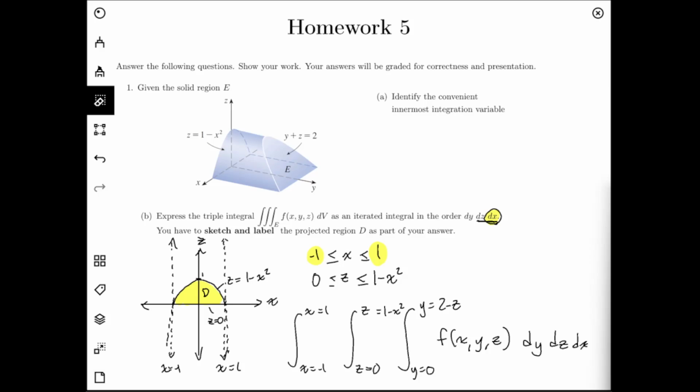So if we were to look at the xy plane, that's this plane right here. What does our projection look like on that plane? First response would be something like that. Okay, well, we could start with that and see what happens.